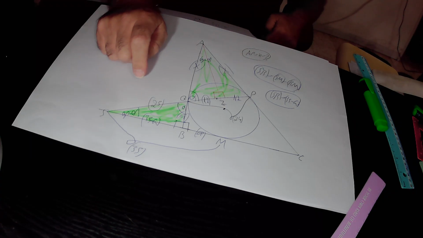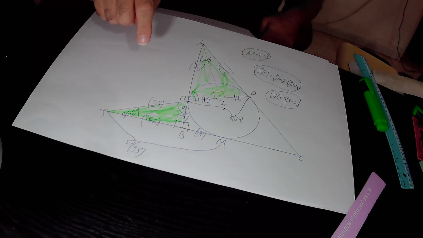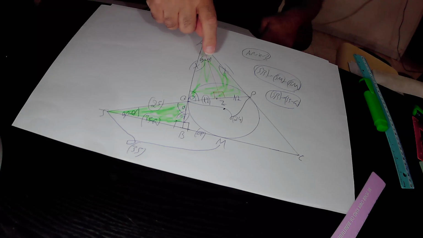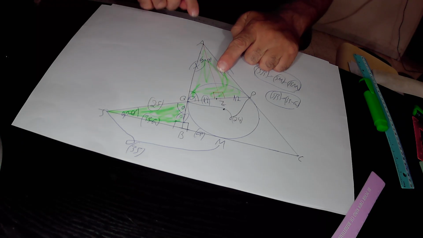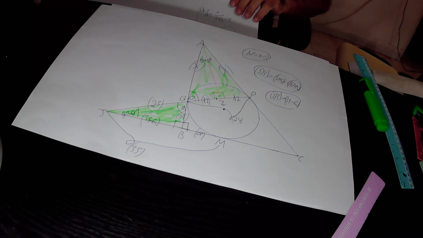So we found out that all the angles of this right triangle QBS are correspondingly equal to all the angles of this right triangle AQZ, and therefore those two right triangles are similar to each other according to the angle similarity rule. So write it down.